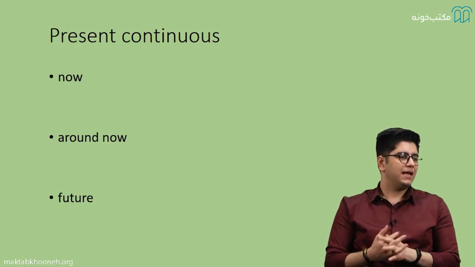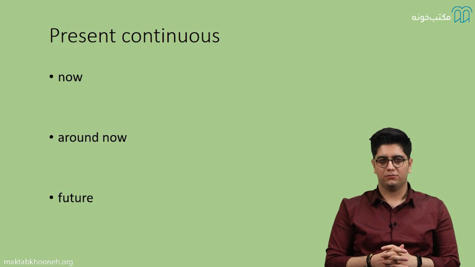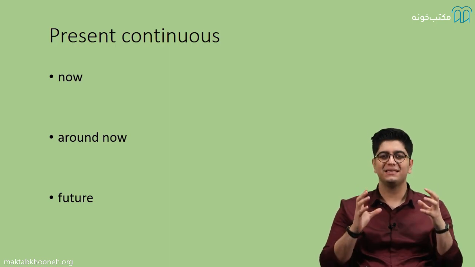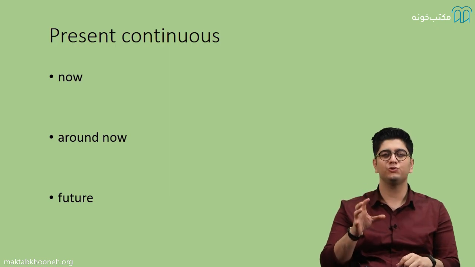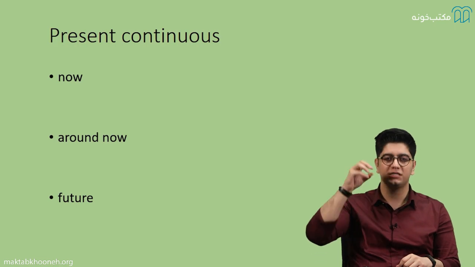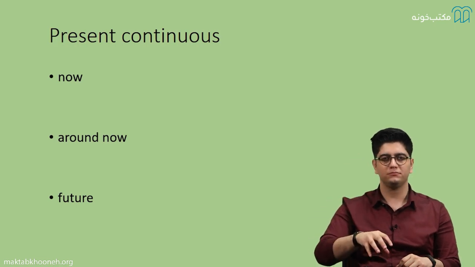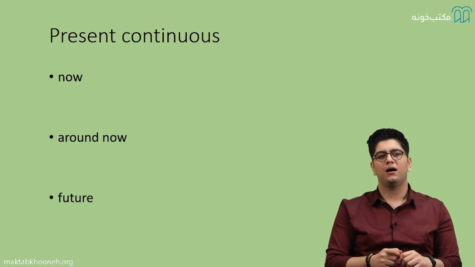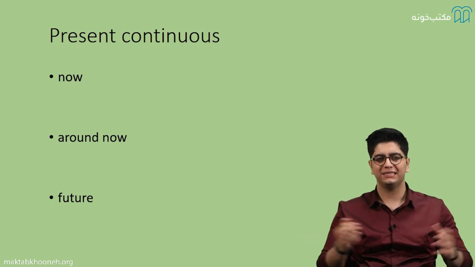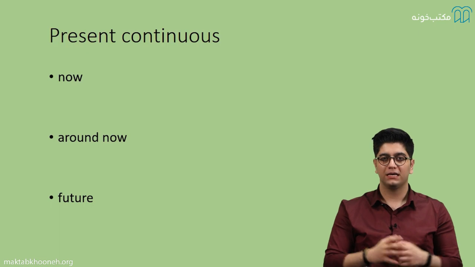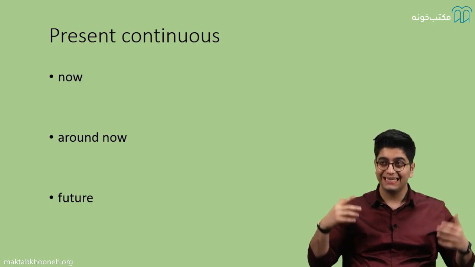Okay? Next one, around now. So we can use present continuous to talk about things which are happening around now. Not exactly or not specifically about now. For example, I see you on the street and say, Hey, Ali, what are you doing these days?